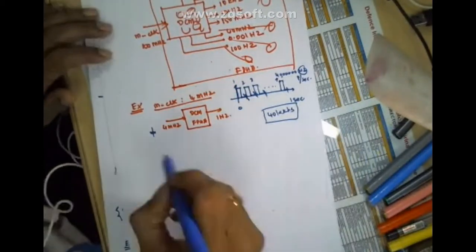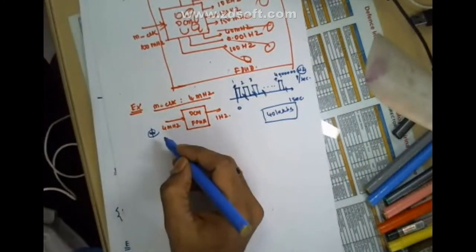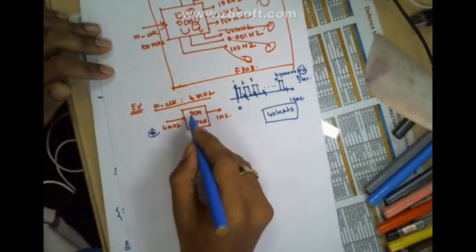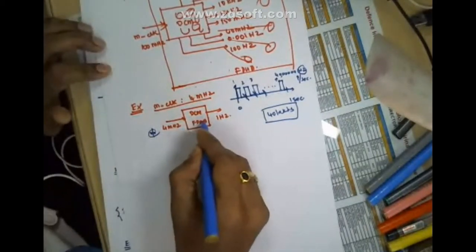Can she face that speed? But that is not the case here: this small fellow is pumping 4 million clock pulses into the FPGA, and the FPGA is also reading at the same speed without missing anything.